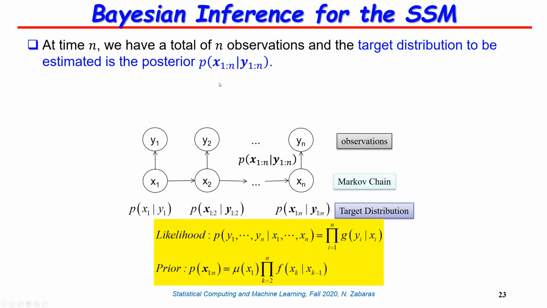Okay, so you can observe first that this sequence of posterior distributions becomes higher dimensional rapidly. So at time 1, your posterior is p of x1 given y1, time 2 is p of x1:2 given y1:2, and then maybe at n equal a million it is p of x1 to a million given y from 1 to a million.